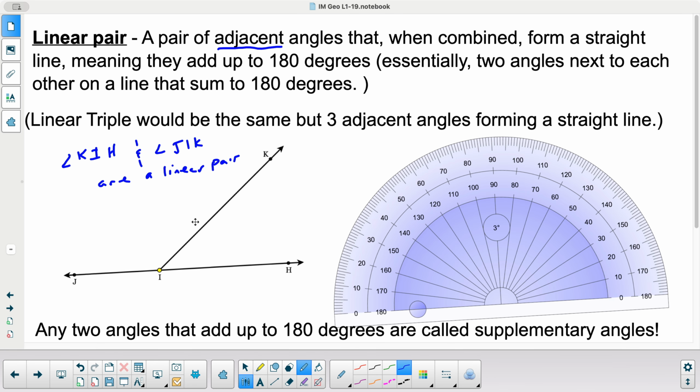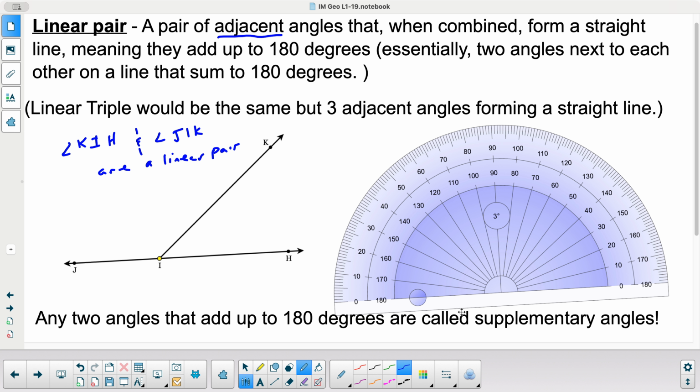Now any two angles that add up to 180 are called supplementary angles. Let's say I break these up.